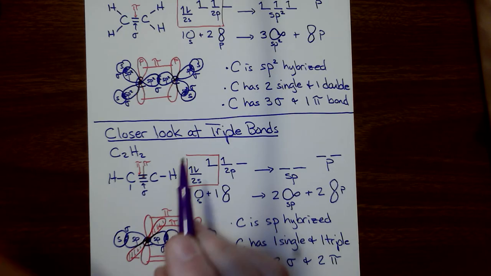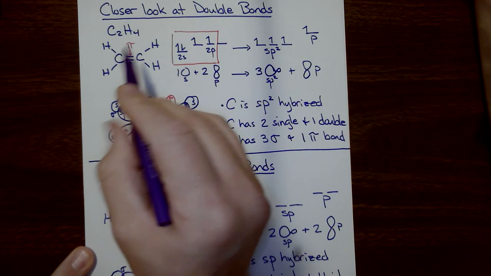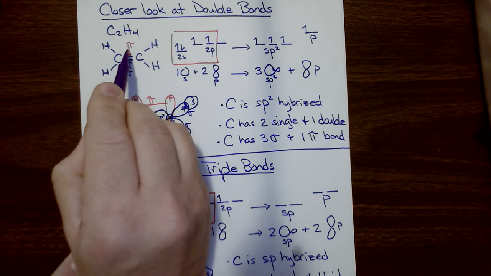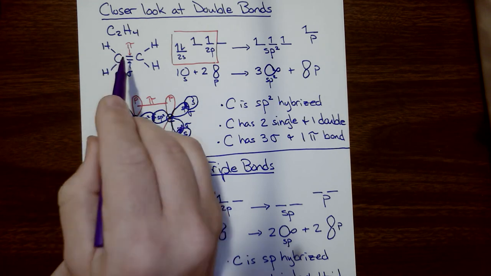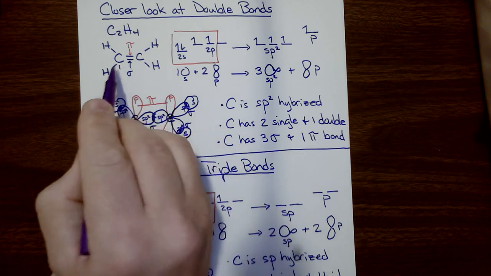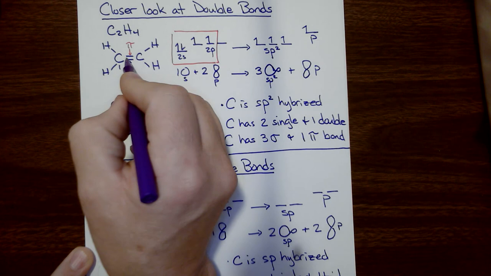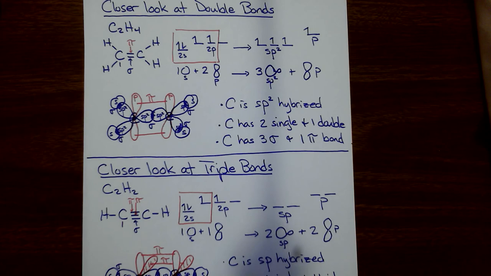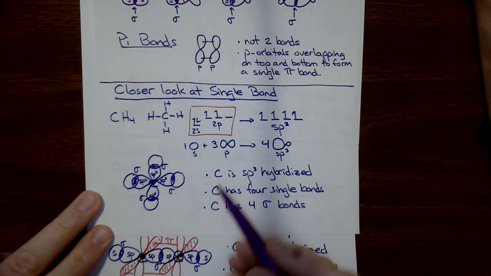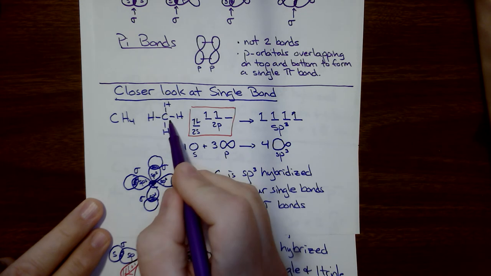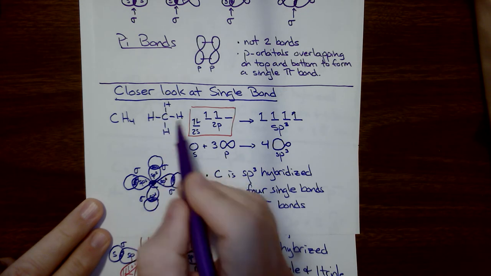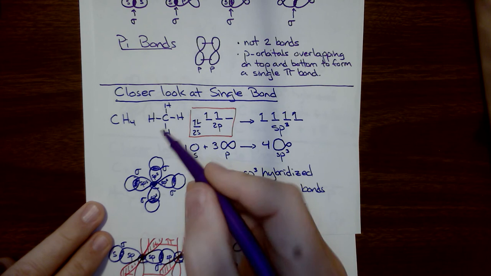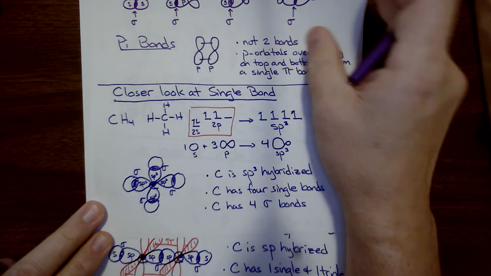Then we have a double bond, and if I just look at this carbon right here, we've got 3 sigmas and 1 pi, and it's sp2 hybridized with 3 electron domains. And then if we bring back the other one, this carbon has 4 sigma bonds and 4 single bonds, and it's sp3 hybridized. So the hybridization matches how many electron domains it has around it.